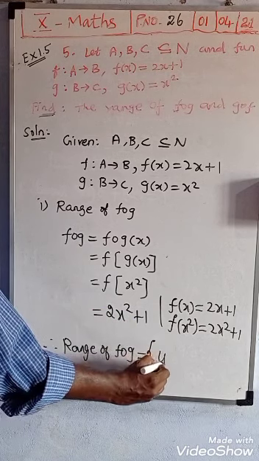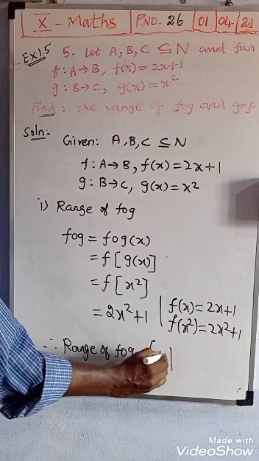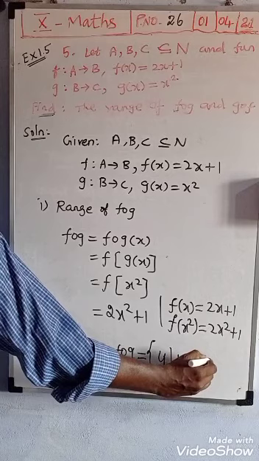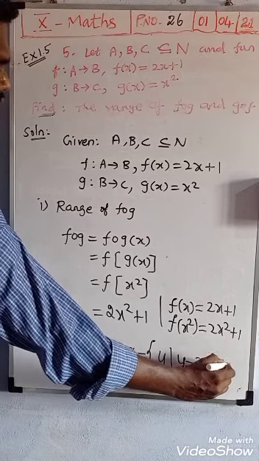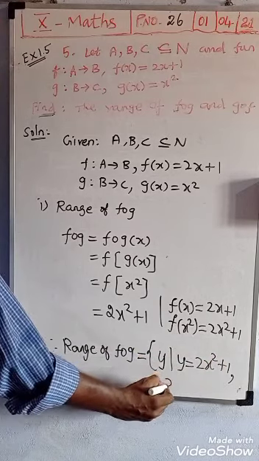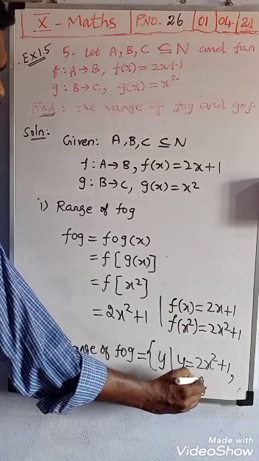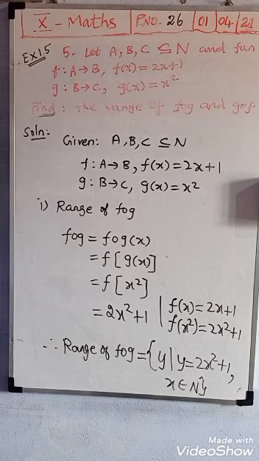So y such that y is equal to 2x squared plus 1, where x belongs to the natural numbers. This is called the range of f composition g.